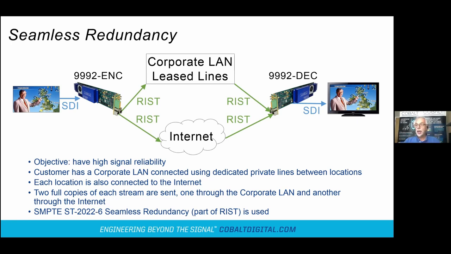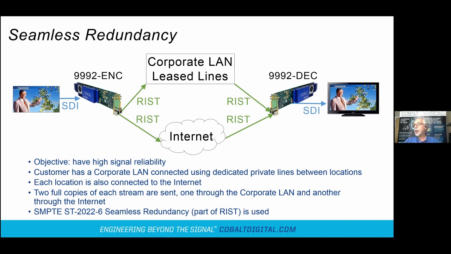So the receiver gets two copies of the stream and uses whatever packet you get. And if there's packet loss on one link, maybe there isn't in the other, and we just use it. So the packet loss is compensated. If one of the links goes down completely, the other is still there. There's no glitch.